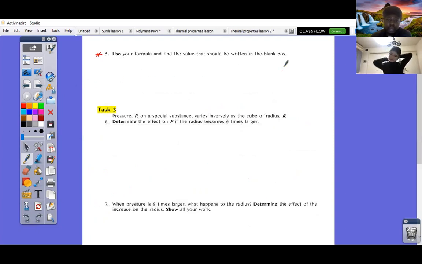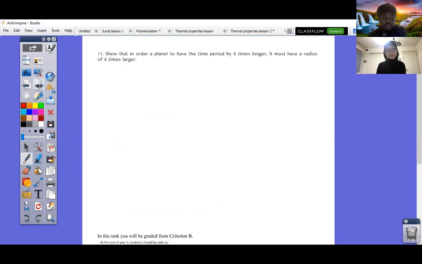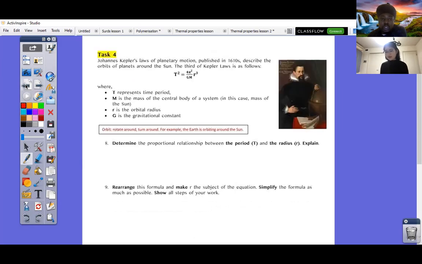Good. Right. Done. Now, task 3. Did you do task 3? No, I didn't even read it. So you only got as far as task 1 in class. Okay. I did task 1 and task 4. Right, I got you. I kind of just breeze through it, and I usually stay in the harder part.